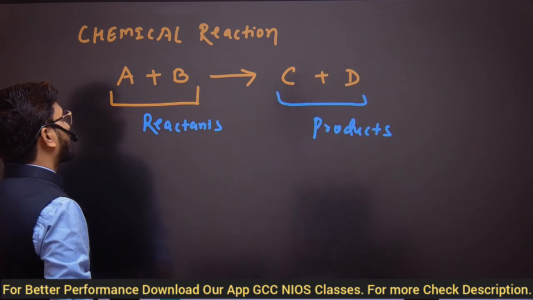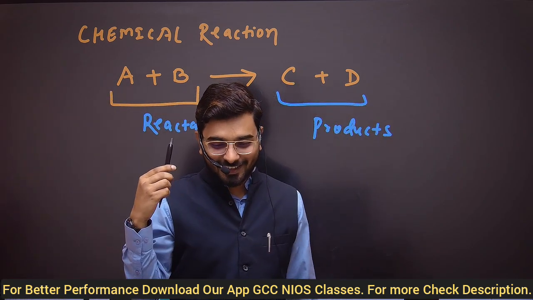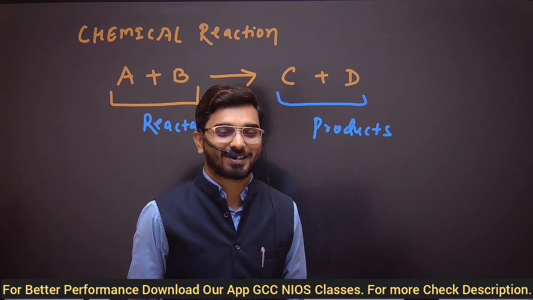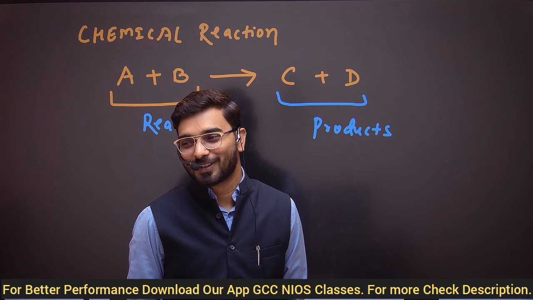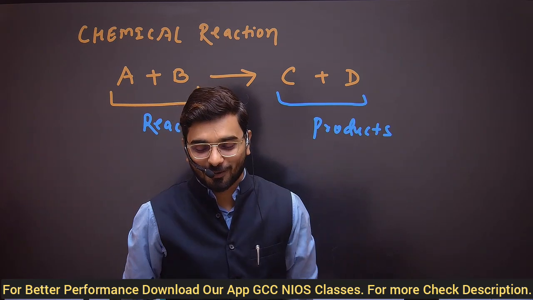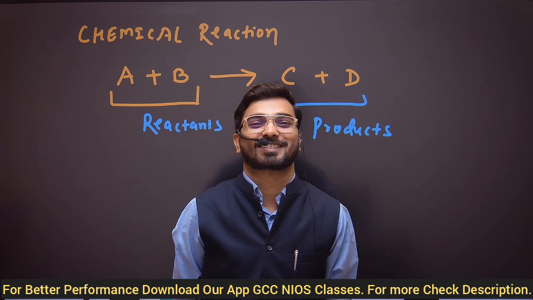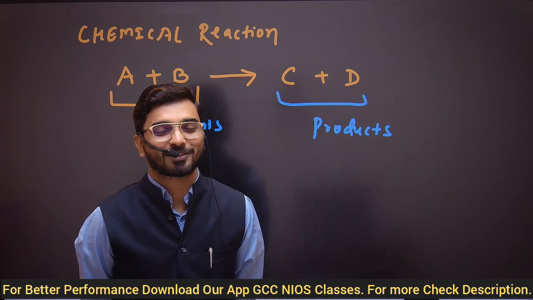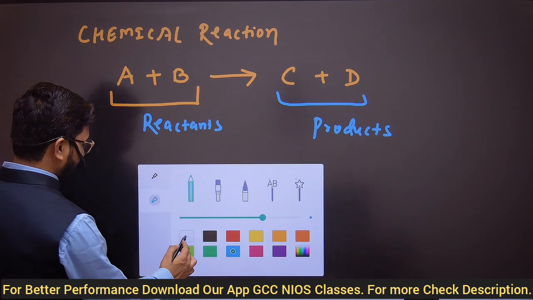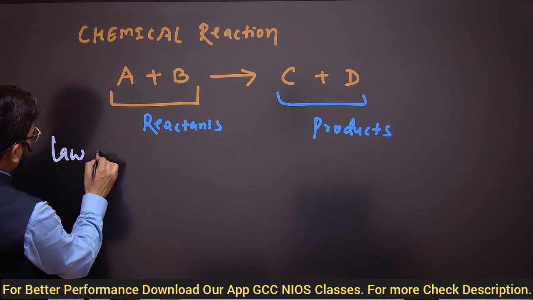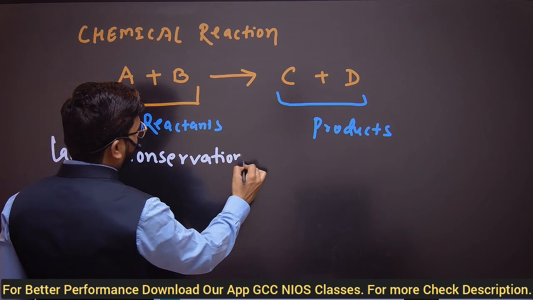And also there are so many rules and regulations, so many things, but I can't teach all the concepts at the same time. It's not possible. Right. Law of conservation of mass. Okay, I just tell you, law of conservation of mass.